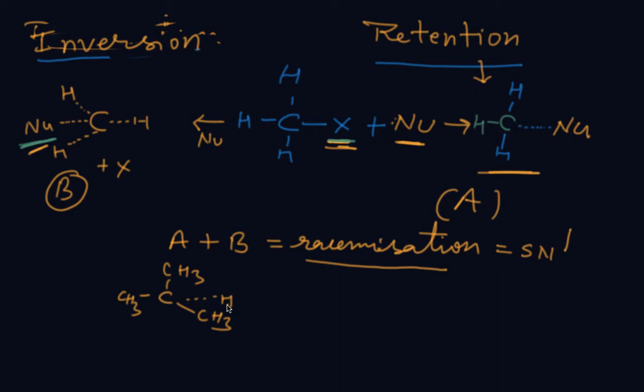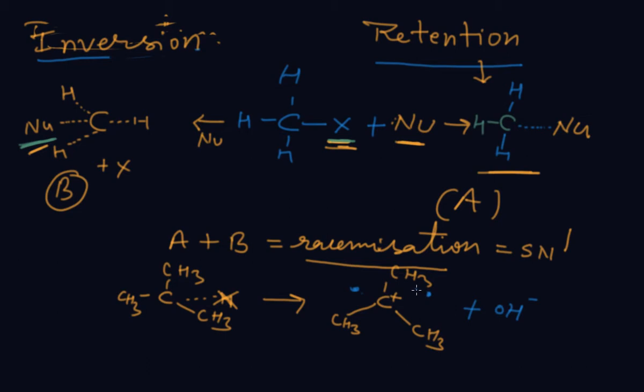To explain why racemization takes place: this is H, this is X, and the halide is replaced, and we get C with CH3, CH3 and CH3. So both sides are open and free. This is the tertiary carbocation. Now suppose the nucleophile is OH, it can attack from both sides, here and here also.